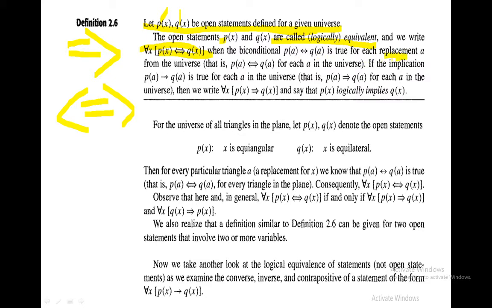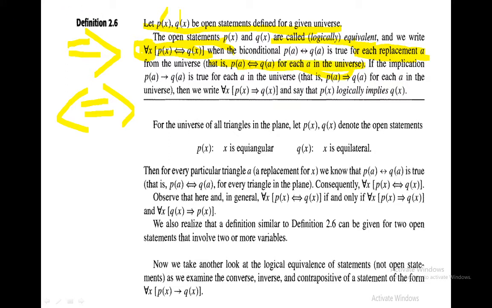For each replacement, we should remember here, because we have used for all x, we must have for each replacement of a from the universe, p of a is logically equivalent to q of a for each a in the universe.